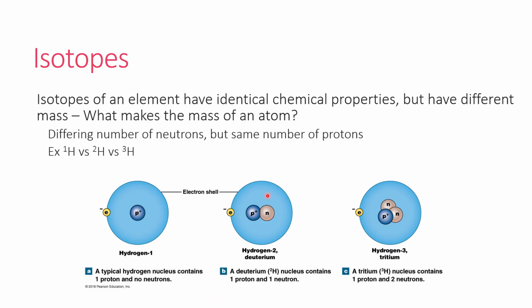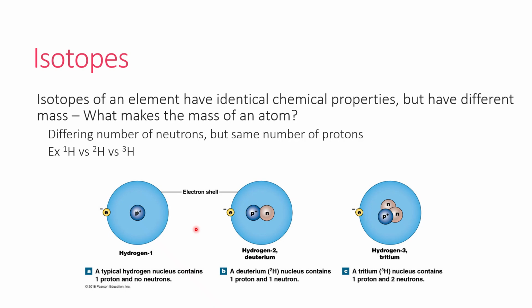So for example, hydrogen has 1 electron, 1 proton, and 0 neutrons, no neutrons. So that's what we call hydrogen 1. Hydrogen 2 is an isotope, and it's got 1 electron, 1 proton, and now we add 1 neutron. So this hydrogen 2, deuterium, is going to be quite a bit heavier than hydrogen 1, because now we've added a neutron.